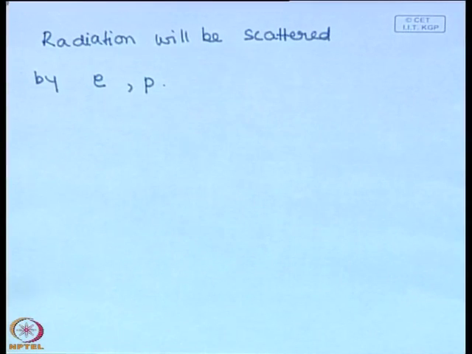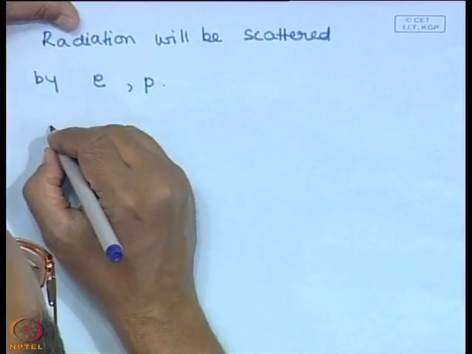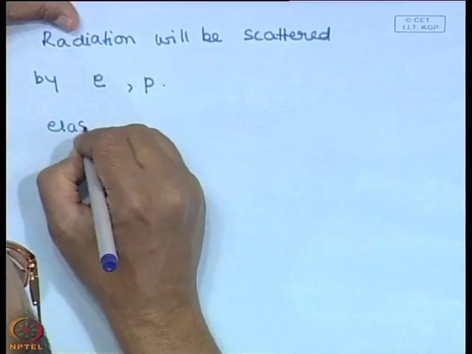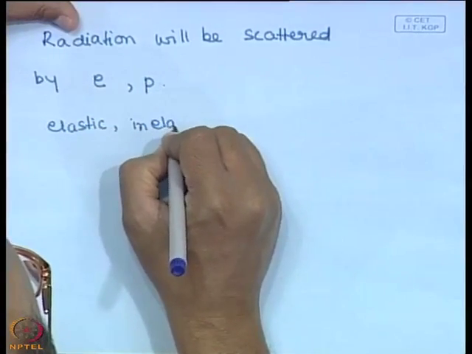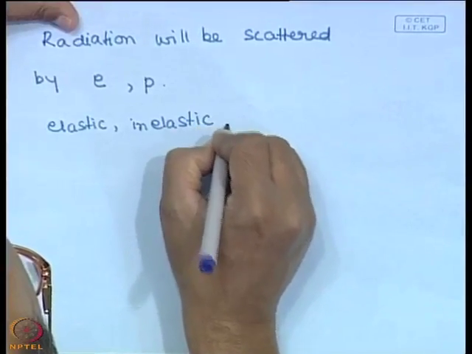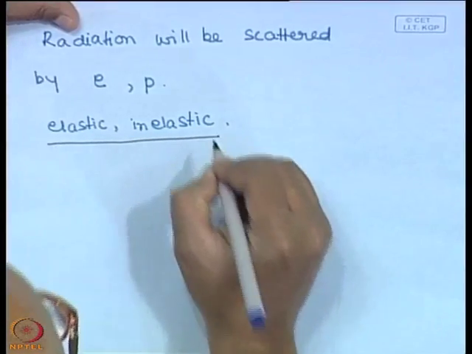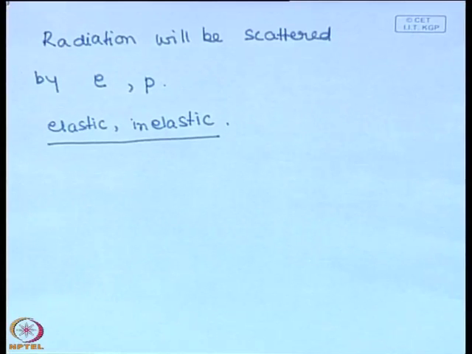The electron obviously is going to contribute more than the ions, but both of these effects are going to be there, and this will be both elastic and inelastic. Both of these will be there. Now, we know, so let us try to estimate the mean free path of the radiation inside the sun.